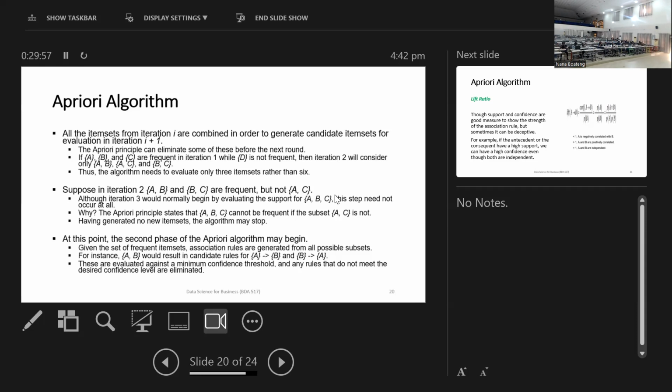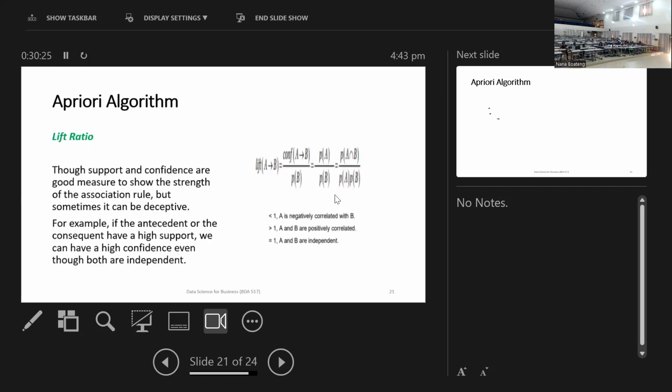Supposing in iteration two, A and B are frequent, but not AC. Although iteration three would normally begin by evaluating the support of ABC, this step will not need to occur at all because AC does not meet the support threshold. So at all levels, we look at the minimum threshold for support. All right. So that's how the Apriori algorithm works.